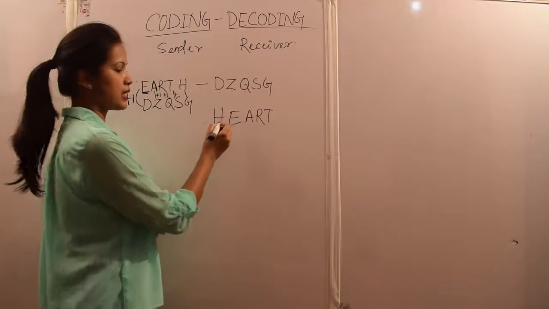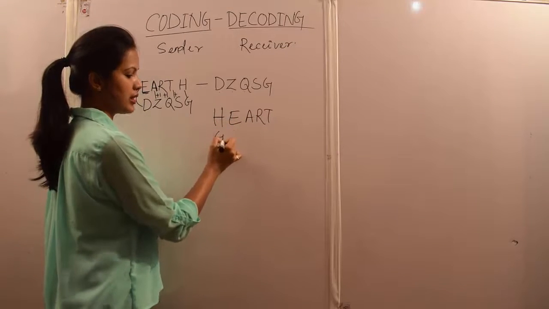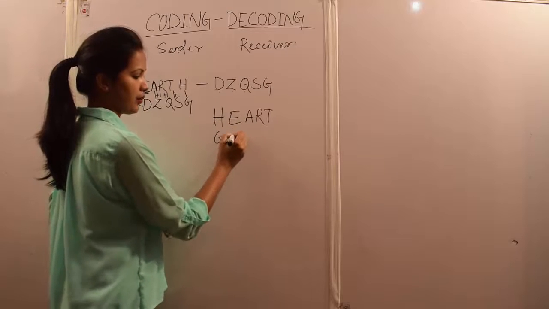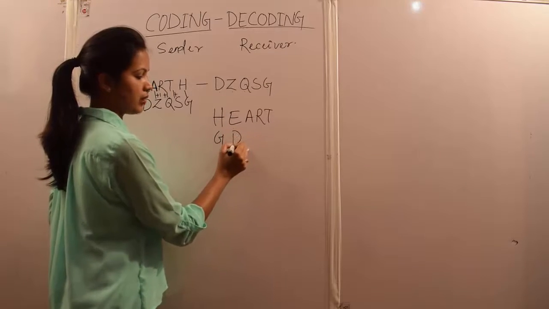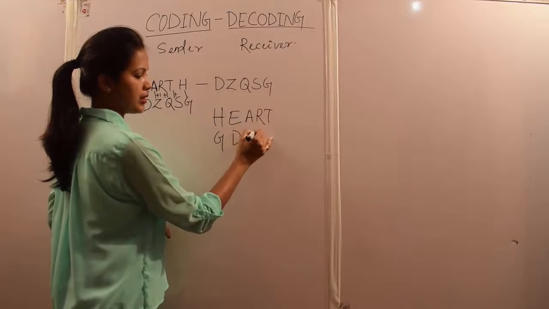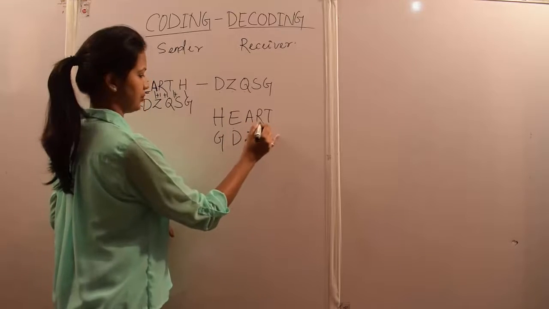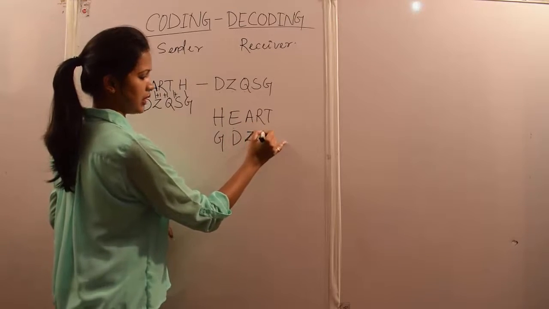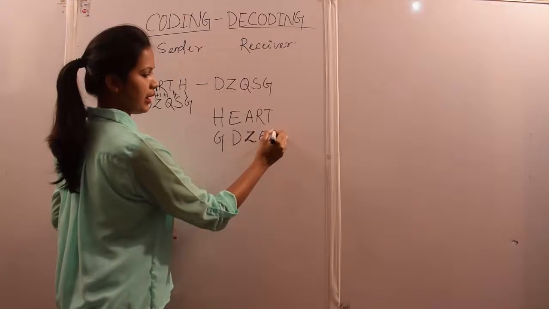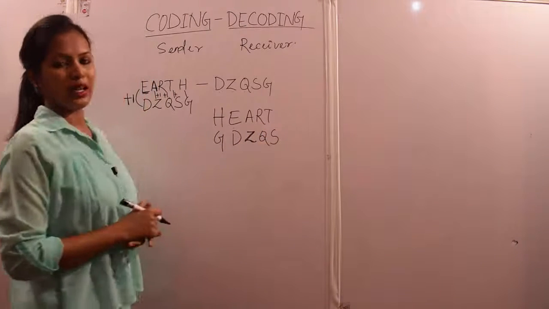Here H is one step ahead of G, E is one step ahead of D, A, Z, R, Q, T, S. Okay, understood?